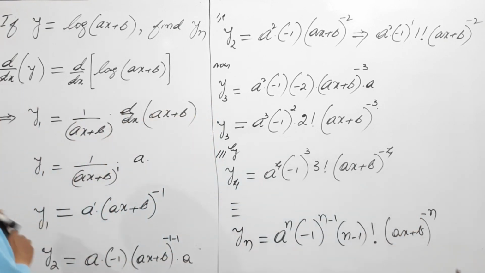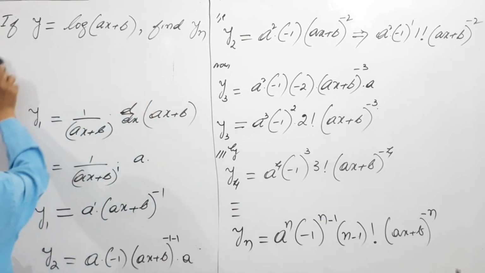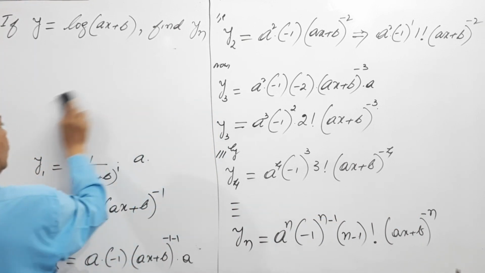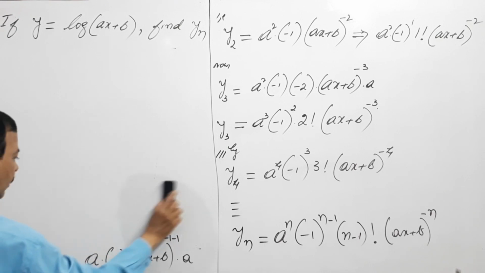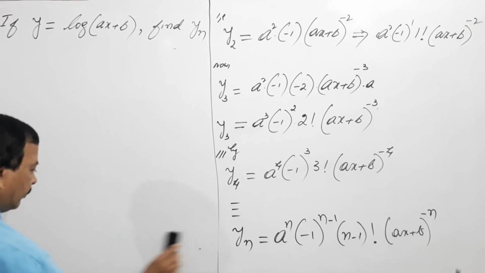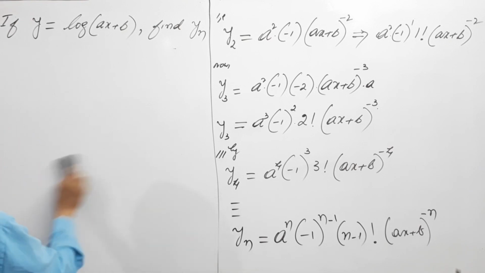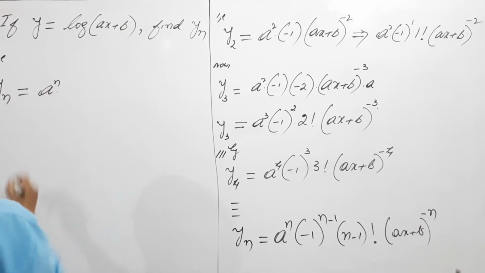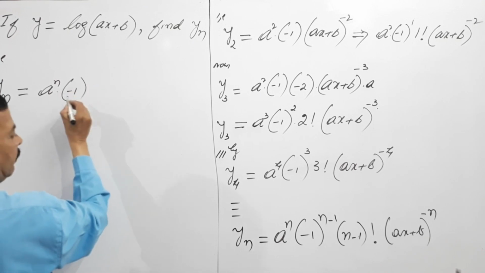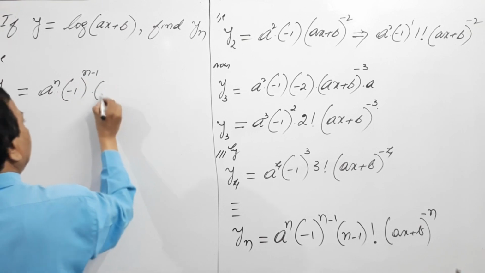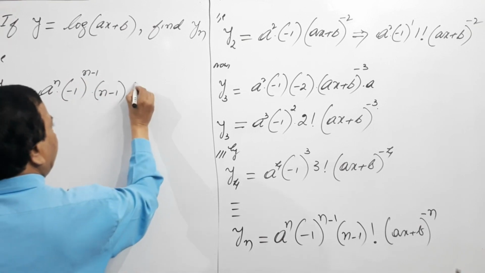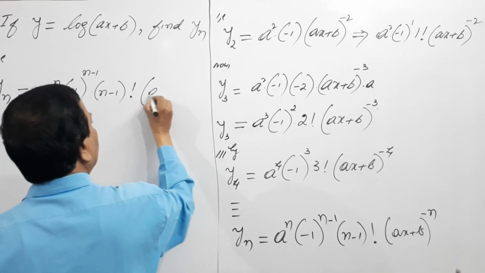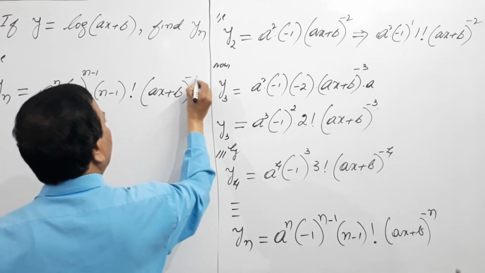So we'll rearrange this. That is, yn will be a to the power of n into minus 1 to the power of n minus 1 into n minus 1 factorial into ax plus b to the power of minus n.